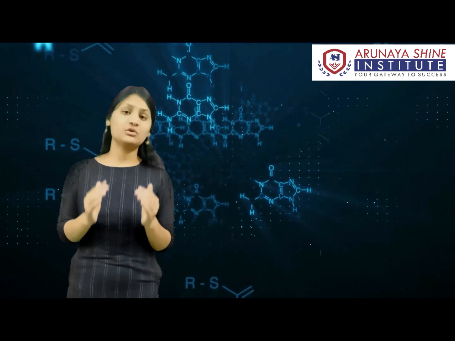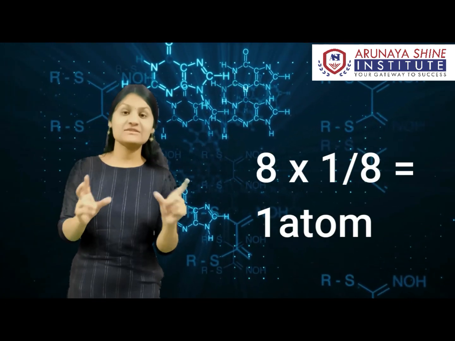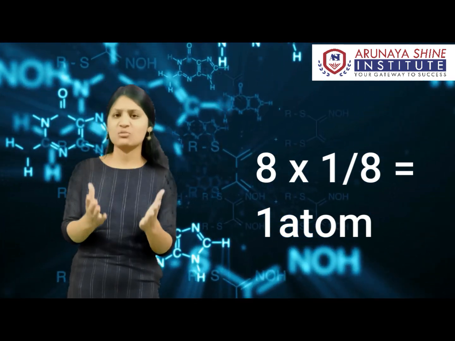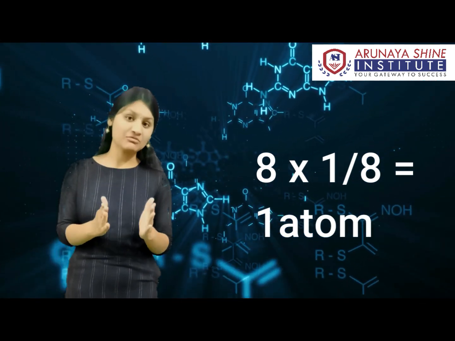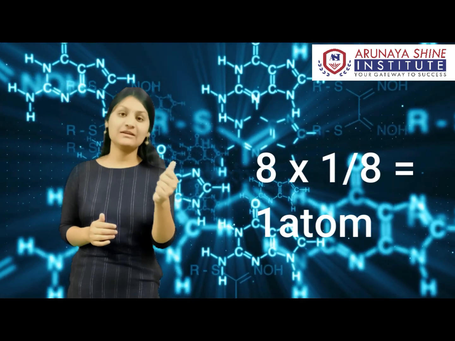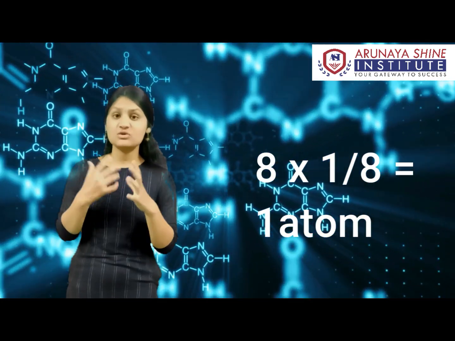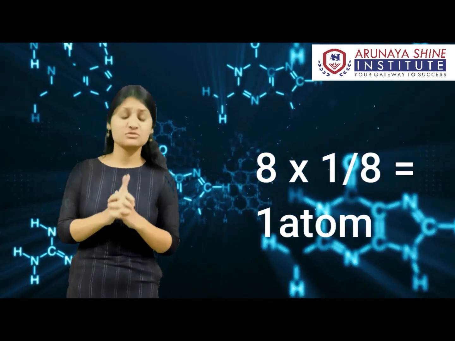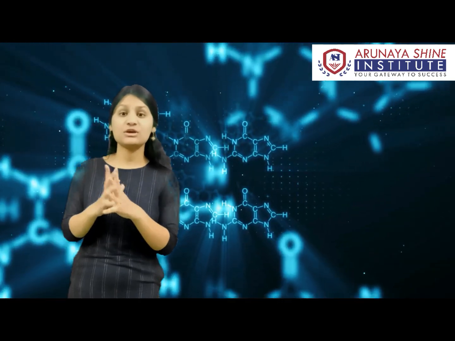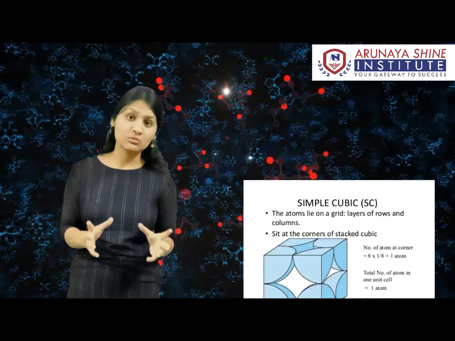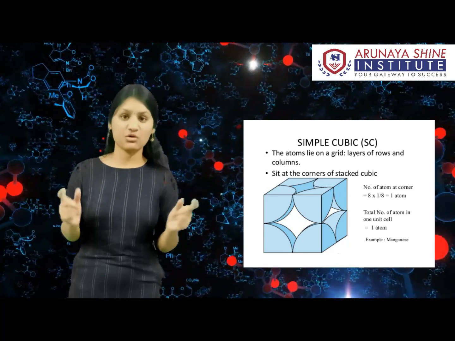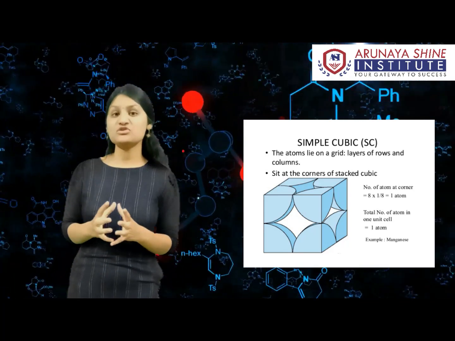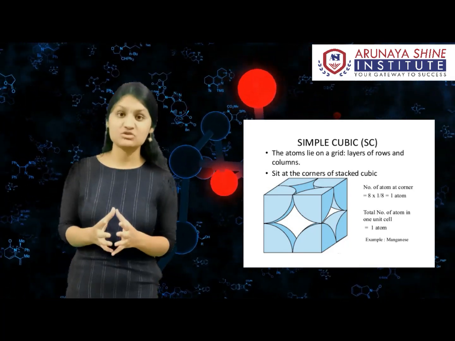Now there are total 8 spheres in the unit cell. So how much do I get? We have to multiply 8 into 1/8. So I get 1 atom. So in a simple cubic unit cell in which the atoms are only at the corners, the total contribution of all the atoms corresponds to 1 atom.